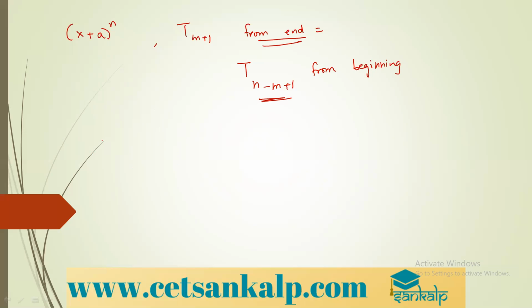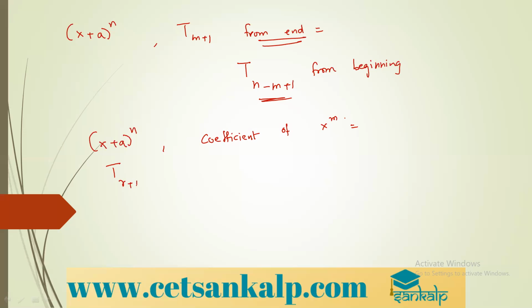For example, in the expansion of x plus a whole power n, they will ask you the coefficient of x power m. If they ask what is the coefficient of x power m, what will you do? What is the procedure?